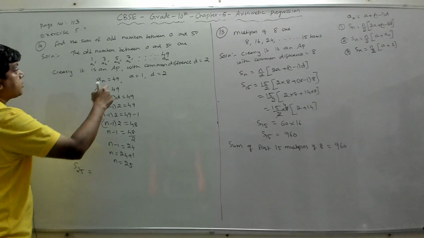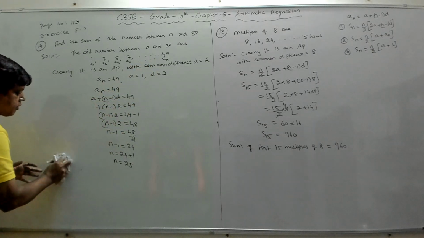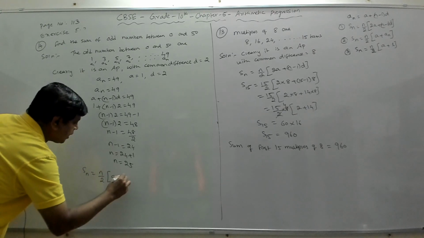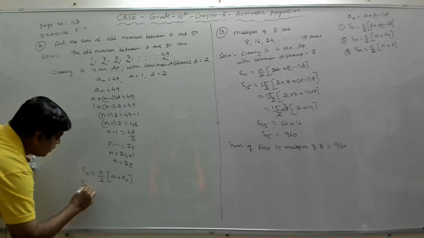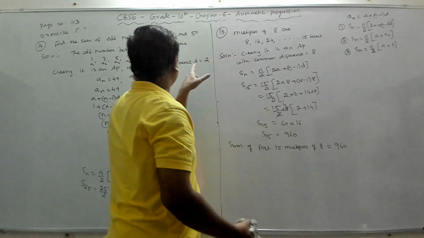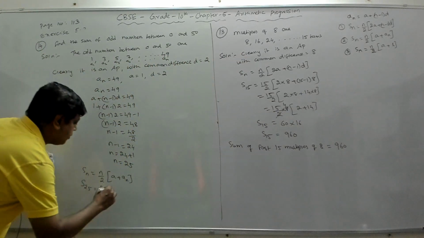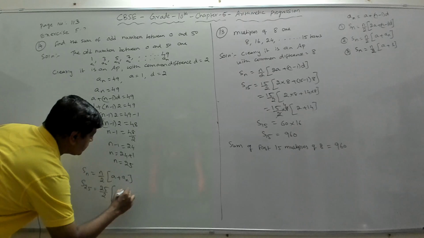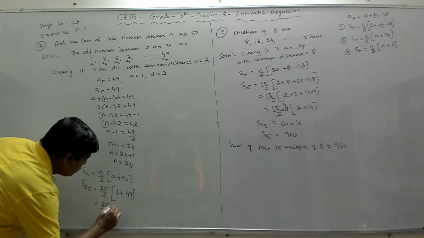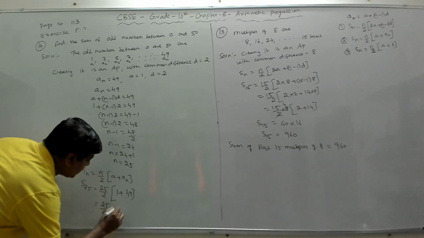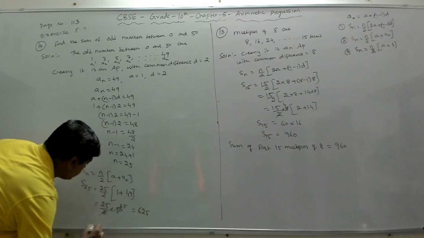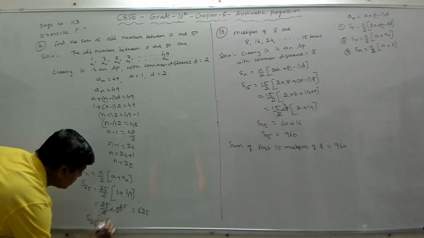S25 is, and we know the last term, so we can use the formula Sn equal to N by 2 into A plus L, or A plus An. S25 is 25 by 2, we can use this formula because we know the last term. Last term is 49. 25 by 2 into A is 1 plus An is 49, so it becomes 25 by 2 into 50. Then 2 and 50 get cancelled, so 25 into 25 is 625. So S25 equals 625.